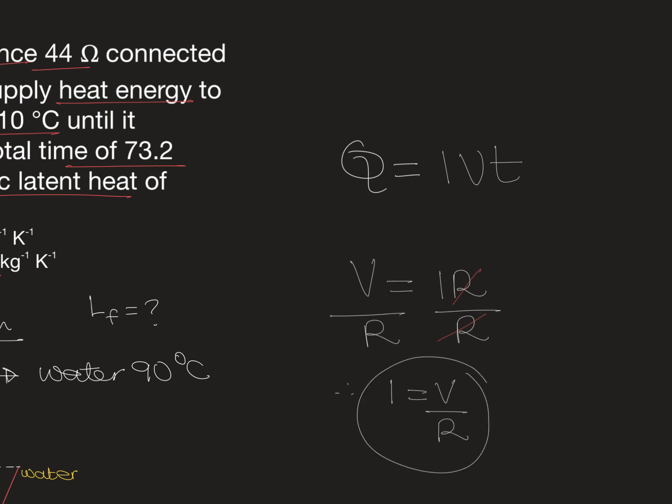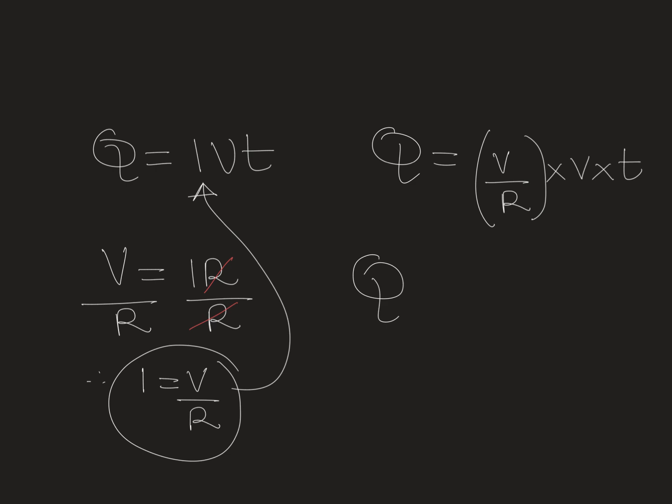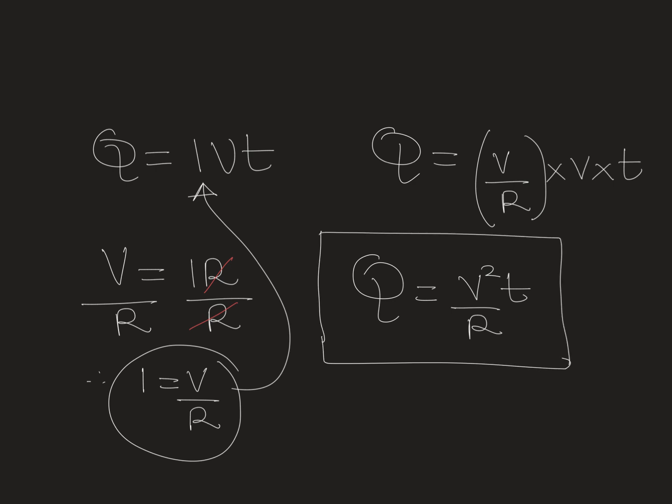So if I take this and substitute it here in the place of I, what will I have? That is going to be Q is equal to I, which is V all over R, then multiply by V, then multiply by T. So the quantity of heat is equal to V times V, which is V squared, divided by R, multiplied by T. Which means we can use this as a formula to find the total quantity of heat that is involved in this process.